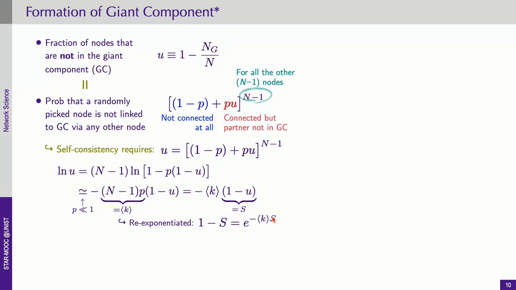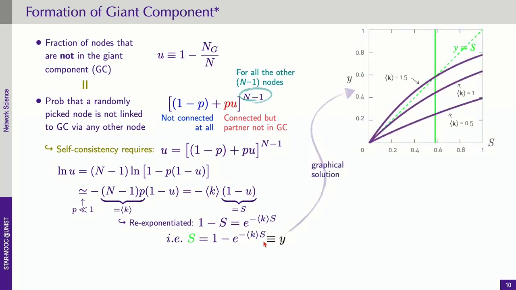Okay? To proceed further, if we set both sides of the equation equal to y, like this, we will be able to see if there is a non-trivial solution by checking the possible intersection between the diagonal line, y equals s, and the curve given by y equals 1 minus e to the minus ks.